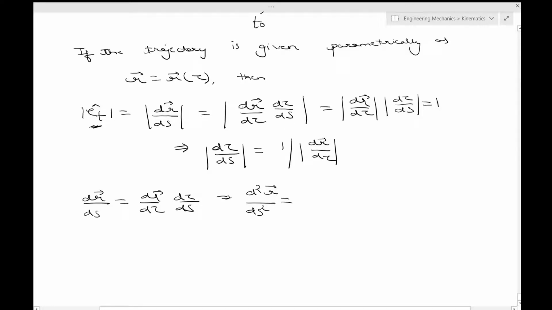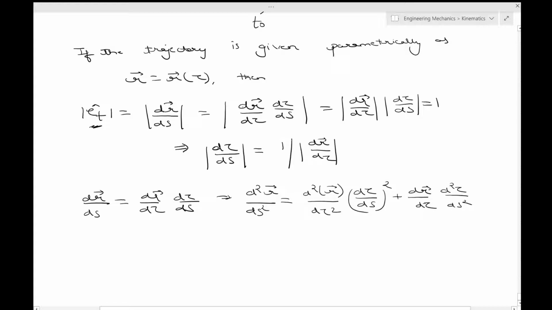We'll be using the chain rule: d2r by d tau square times d tau by ds whole square plus dr by d tau times d2 tau by ds square. So that's how we have used the chain rule over here.